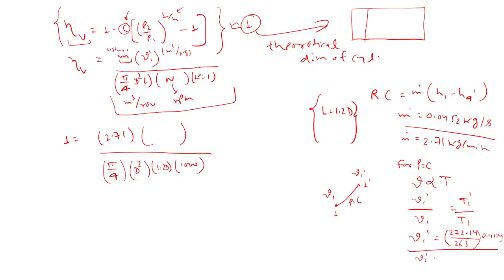Can you let me know what is the V1 dash? Is it 0.4320? 0.41749 is V1. Okay. How much is it? 0.4320.